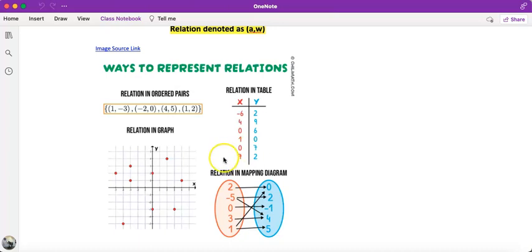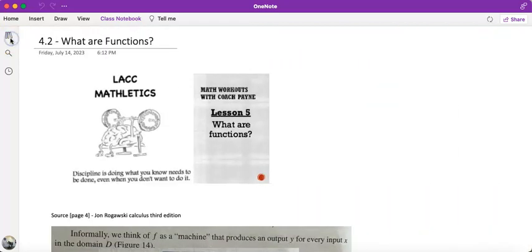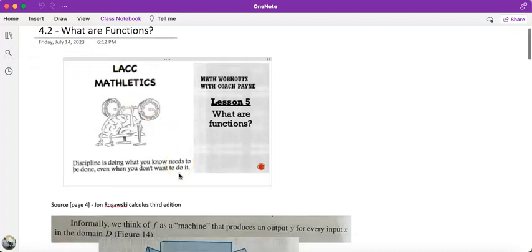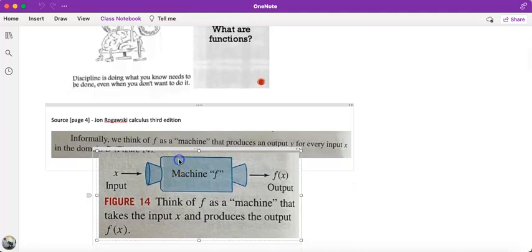And so now what we're going to do is see how we take that into the relation of functions. And so I'm going to be using various different texts, so I'm getting better at denoting that resource.